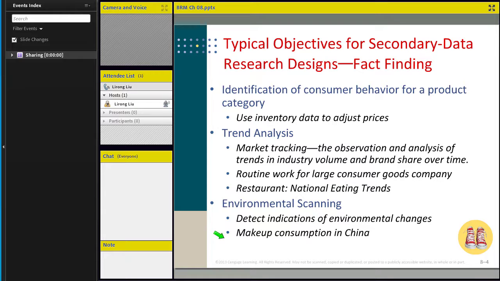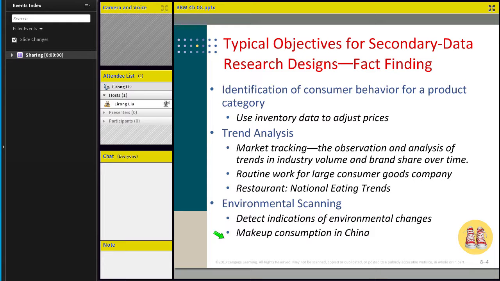Also, China is now more westernized, and therefore people are open to ideas, concepts, and products from Western countries. So it's important for companies to do this environmental scanning to see whether a potential opportunity arises in a different country or a different market.